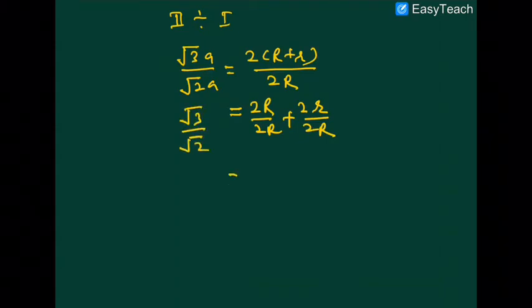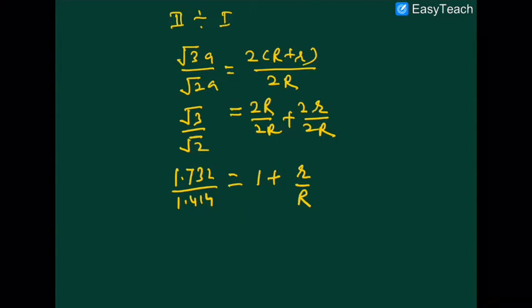The value of root 3 is 1.73 and root 2 is 1.414. So it comes out to be 1 plus r by R.